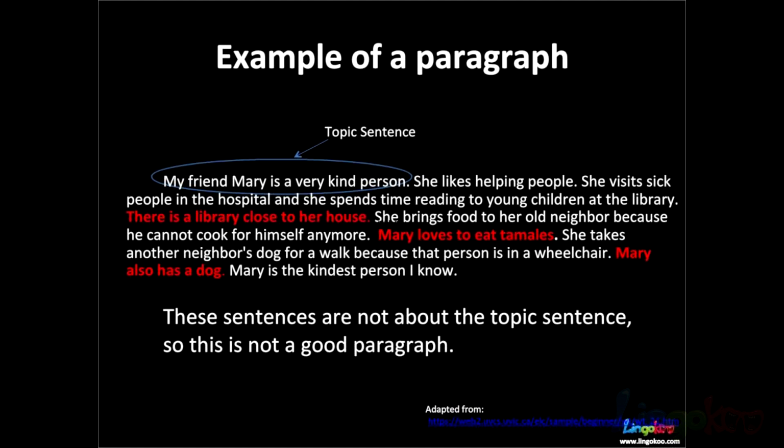And then finally, the sentence that says Mary also has a dog does not help show why Mary is a very kind person. So these sentences are not about the topic sentence, and therefore this paragraph is not as good as the paragraph that we looked at before.